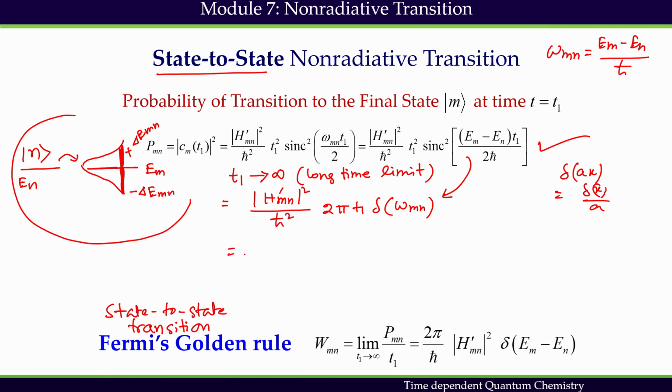This is going to be then 2π by ħ, |h_mn'| whole square divided by ħ², then 2π, then T1, then δ, I have this ħ also, and then δ(E_m − E_n).